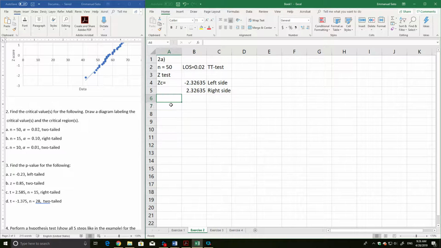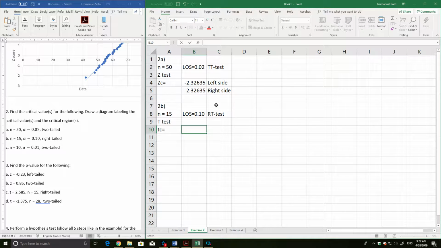Now I'm going to do 2B. It says n equals 15. Level of significance is 0.10. And we're looking at a right-tailed test. Since n equals 15 is less than 30, I'm using a t-test, which means I need a t critical value.